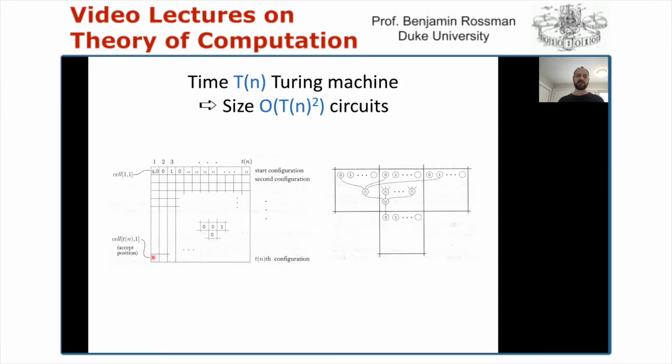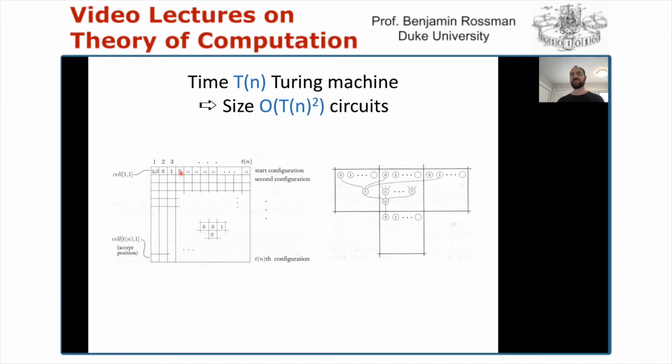Now, the idea of the circuits which simulate this tableau is as follows. Each cell in the tableau, we can represent the information in that cell using a constant number of bits. So we'll have a constant number of gates computing the 0, 1 representation of the information in that cell. And what is the information in that cell?